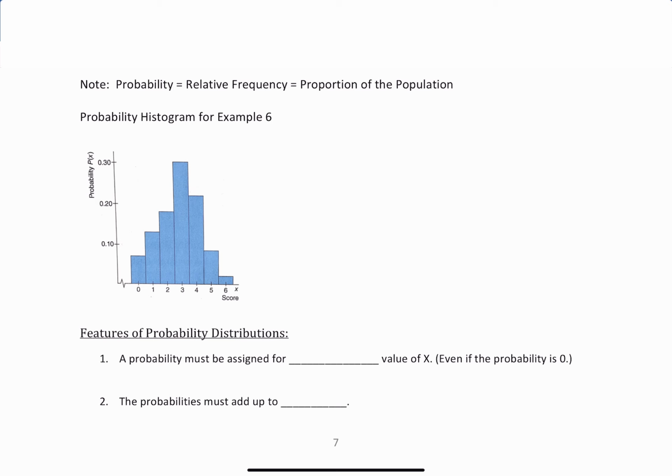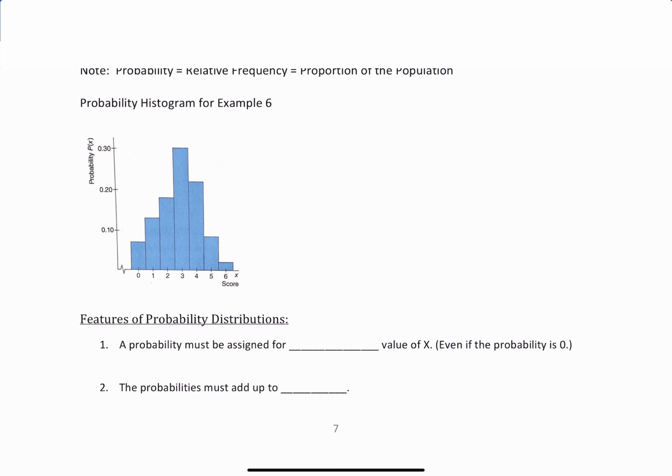A couple of features of probability distributions that I want to point out here is a probability has to be assigned for every value of x. You can't just skip some. You have to calculate a probability for every one. Now, sometimes the probability might be 0. That's okay. That's part of the information we need. Also, the probabilities must add up to 1.